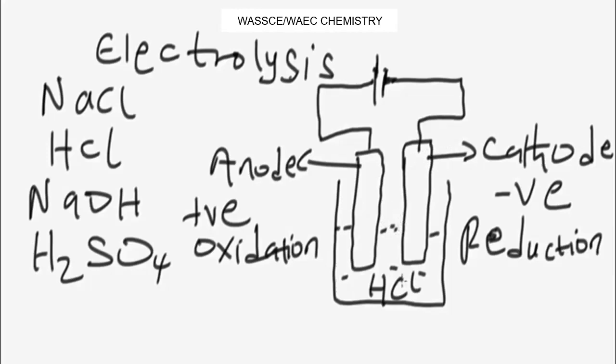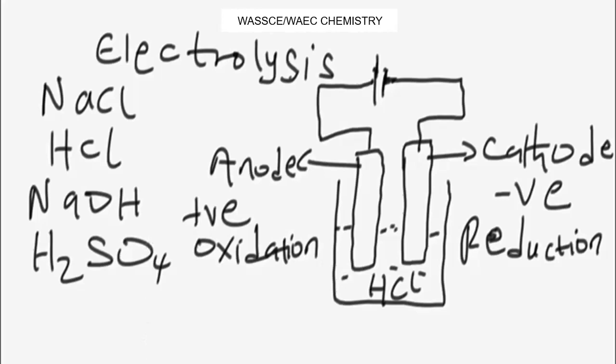Whereas the negative ions in the electrolyte, here the chloride ion, will move towards the anode, the positively charged electrode, and lose electrons, so they become oxidized at the anode to form an atom. Take note of this, very important.